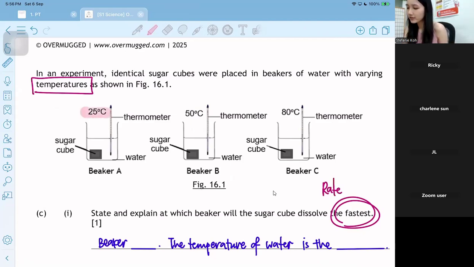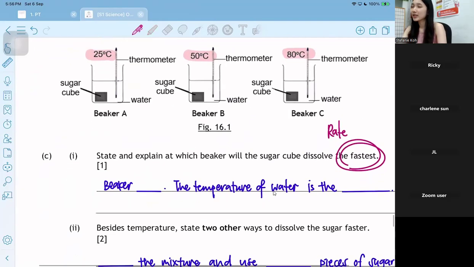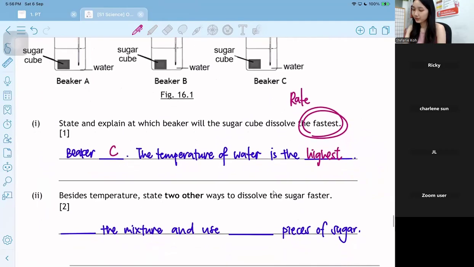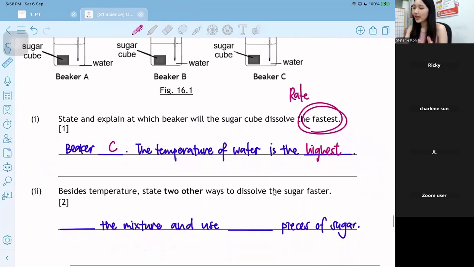So we have 25, 50, and 80. Quite simple, right? This one, obviously, beaker C. Temperature is the highest, that's why.